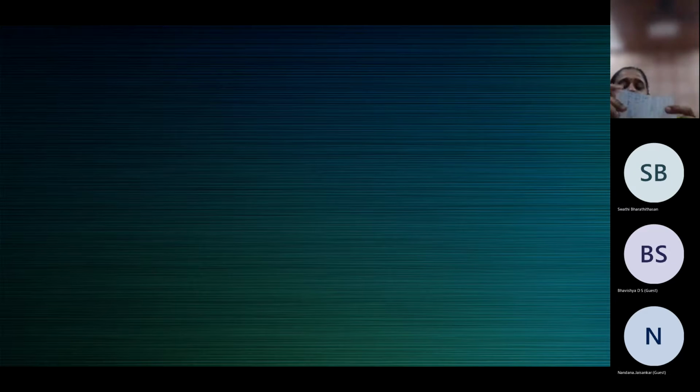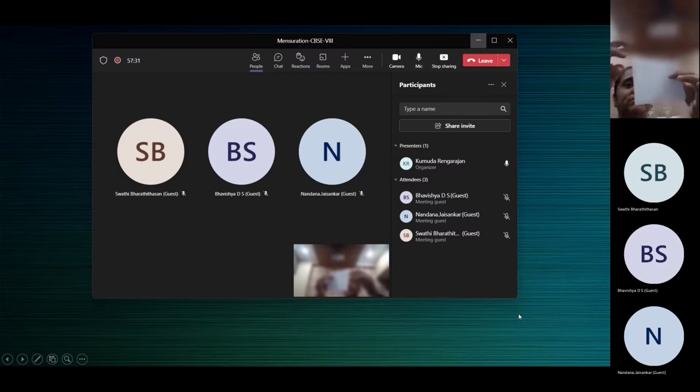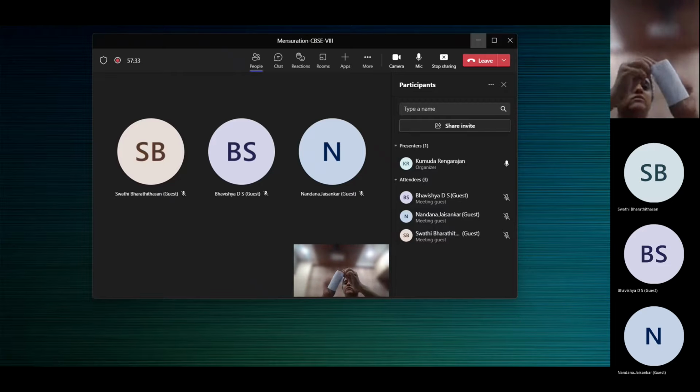See here, I'm making the cylinder. This is a piece of paper. I'm bringing the ends together and forming a cylinder. I'll stick it up. So can you see the cylinder? You got an idea now how to make the cylinder.